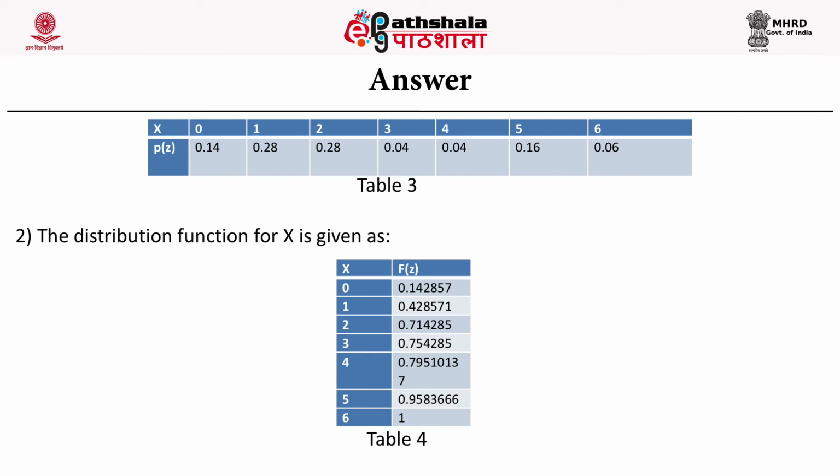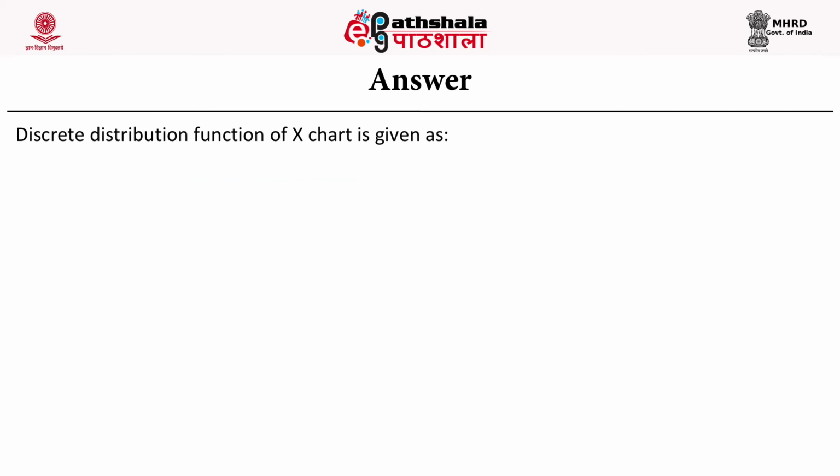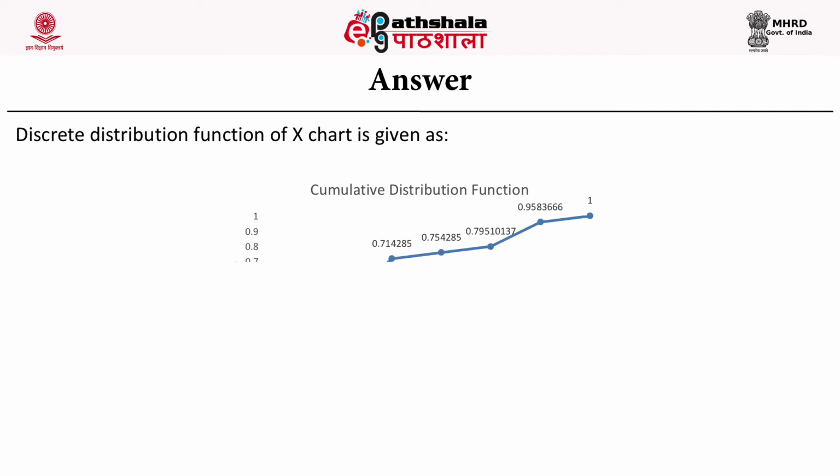After finding the values of these probabilities, we now want to plot them in a figure. Figure 3 represents these probability values, and from this figure you can see the first value, 0.14285 and so on.